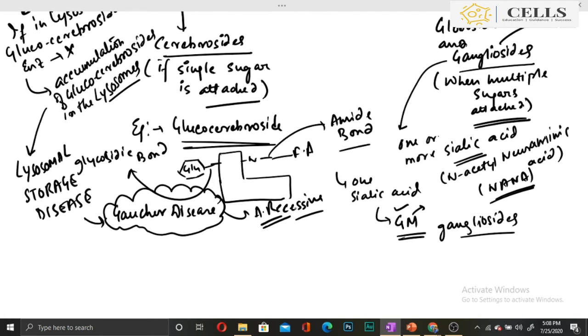There are different varieties of this monosialate ganglioside like GM1, GM2, GM3. All these different types of GM gangliosides can be present.